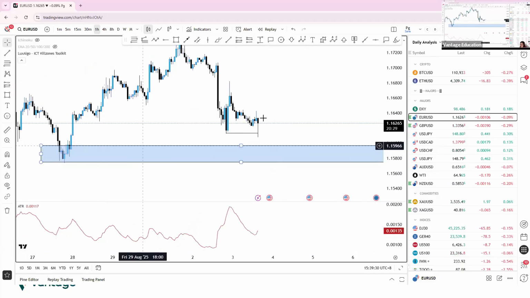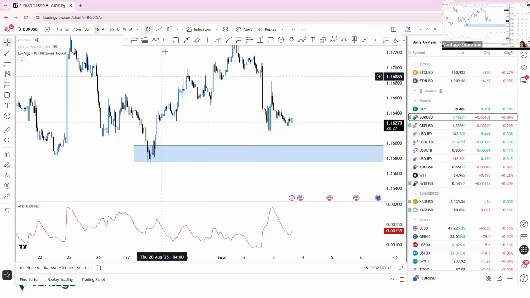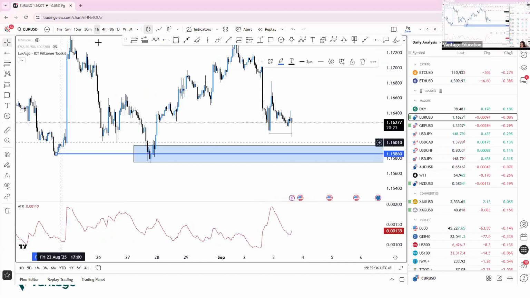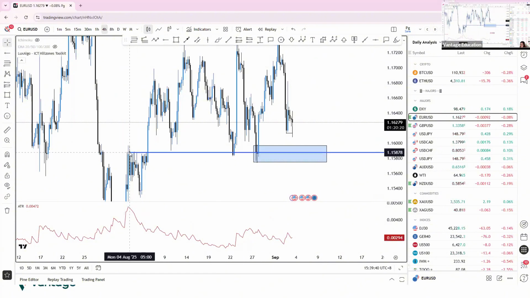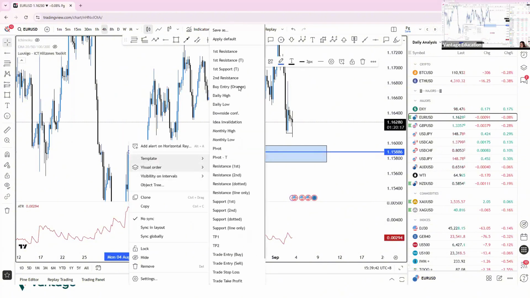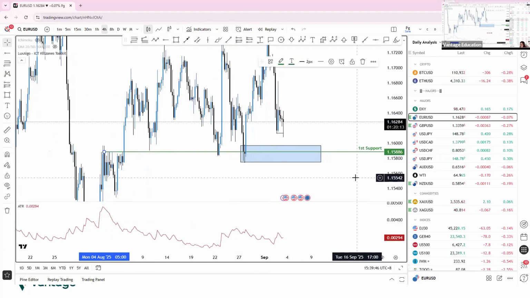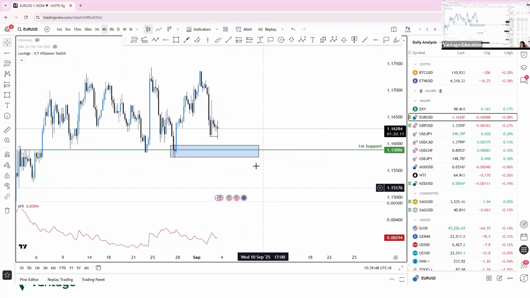This zone also has a support level within it that I would identify, so this is going to be a high probability setup here at the zone.